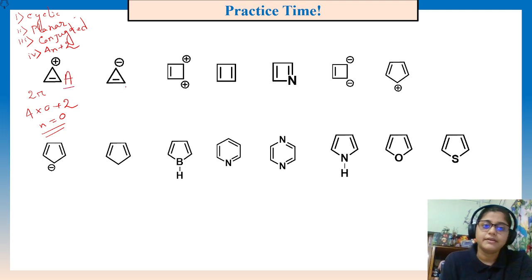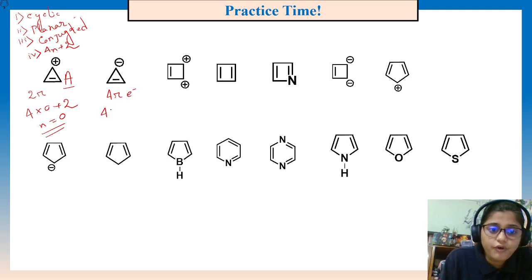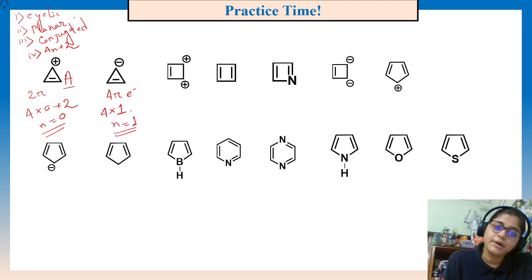Okay, here second example. So it is cyclic, it is planar, it is conjugated, and having 4 pi electrons. So 4 into 1, n equal to 1. It is anti-aromatic, 4n number of pi electrons is here, right? So anti-aromatic, AA we are writing.